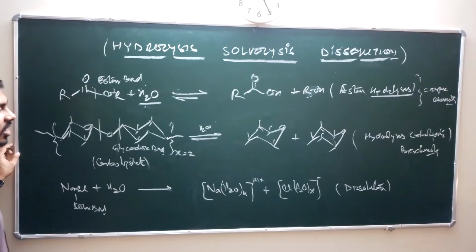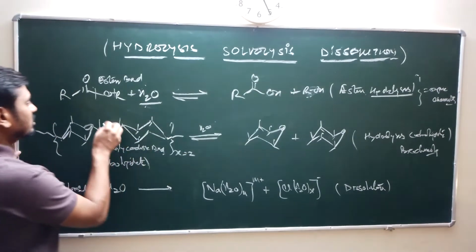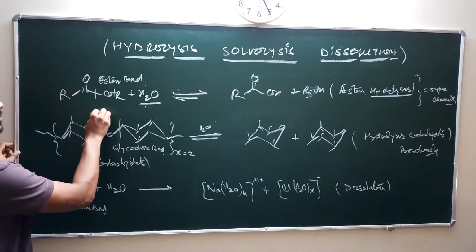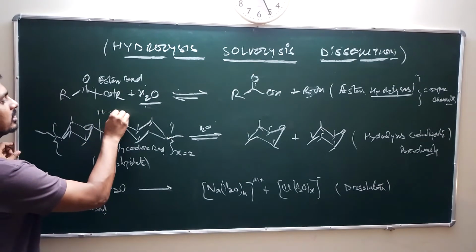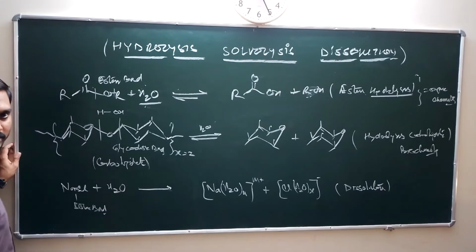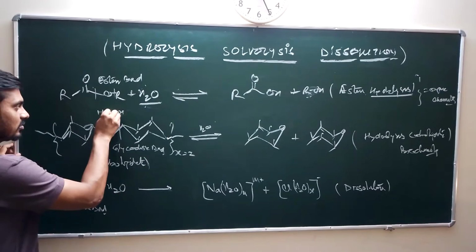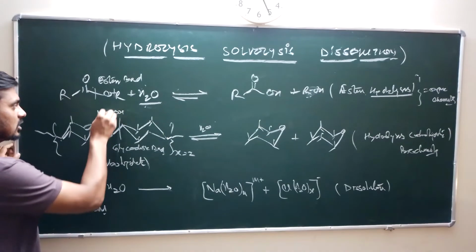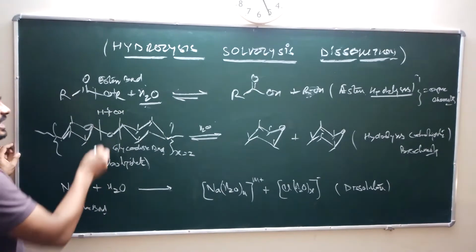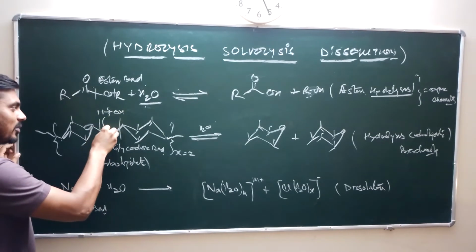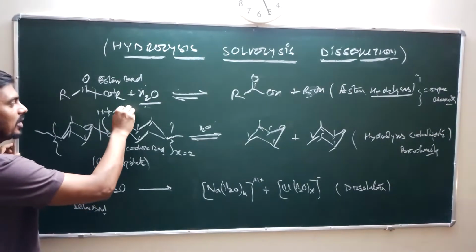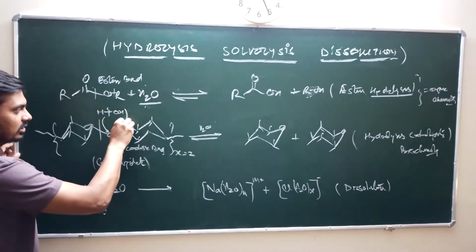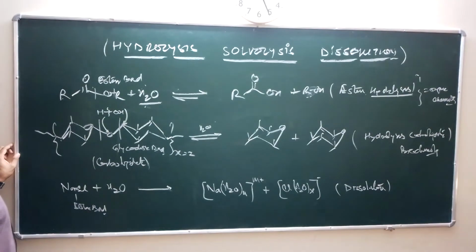Alright. Now what happens when you react with a water molecule? There is an H moiety and there is an OH moiety. First, this water molecule itself breaks down and associates half of the part with the first moiety, another part with the second moiety. Alright.